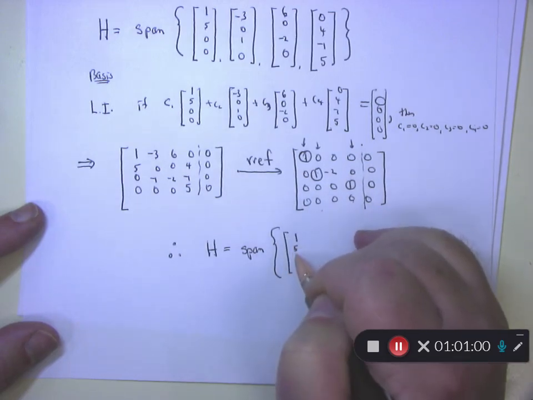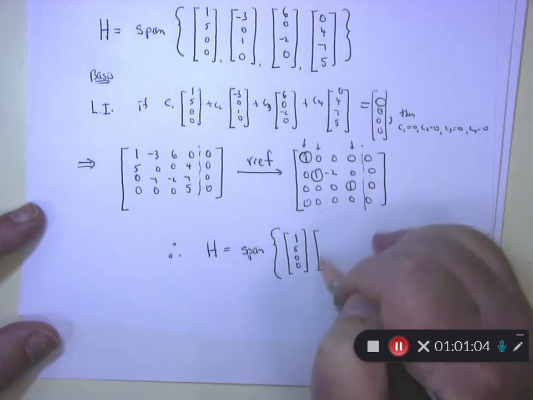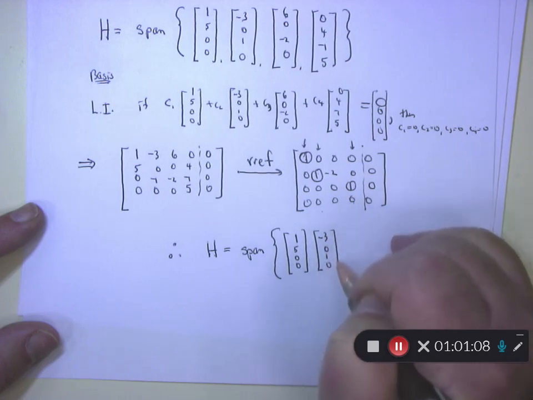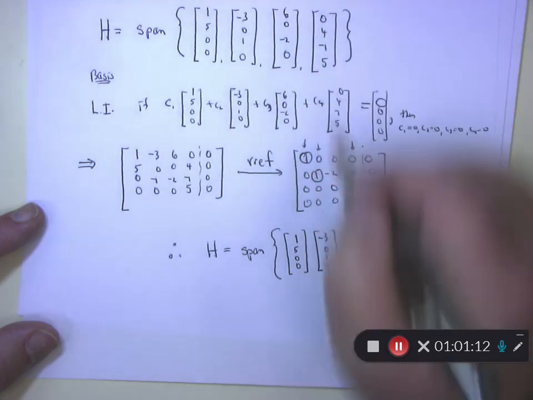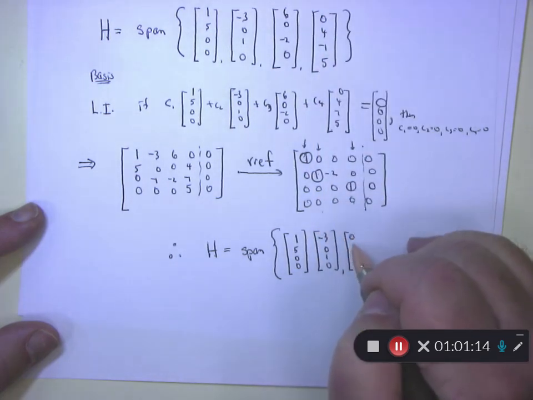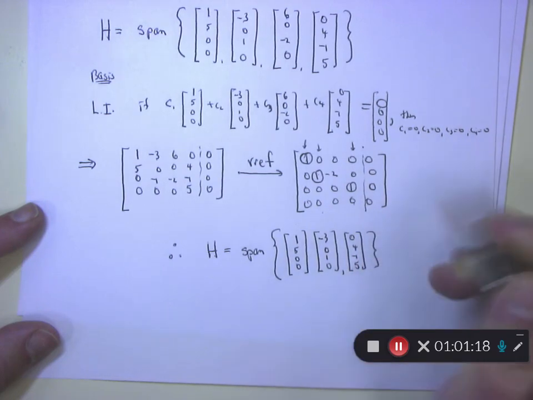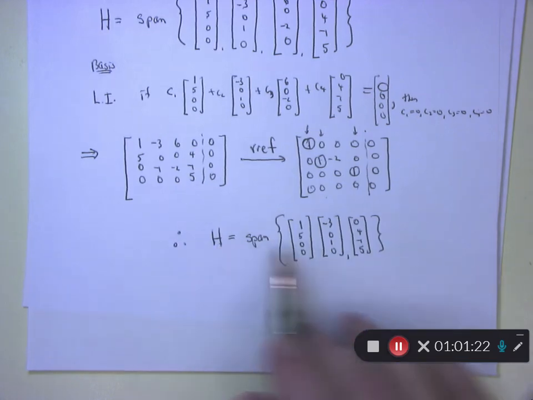1, 5, 0, 0. Negative 3, 0, 1, 0. And the fourth one, which is 0, 4, negative 1, 5. So actually, H is this guy.